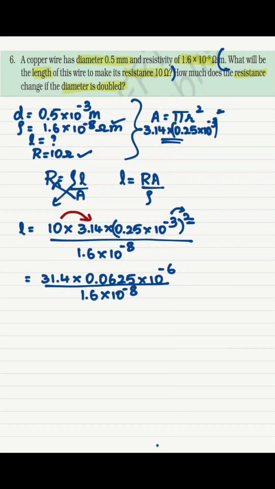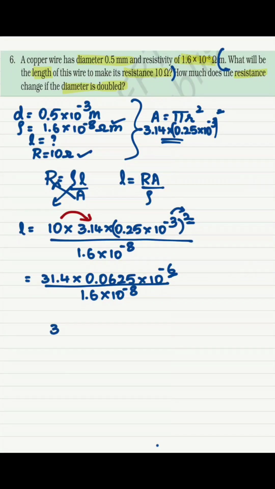In order to make our simplification easier, I can make this minus 6 as minus 8 by shifting the point. How many times should I shift? If I want 10 power minus 8, I have to shift twice, 1, 2. So it will be 6.25 into 10 power minus 8. The same thing we're going to do here now.